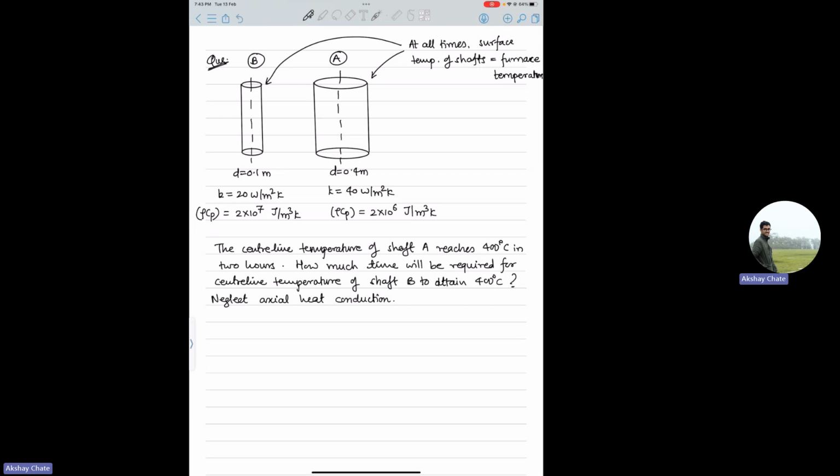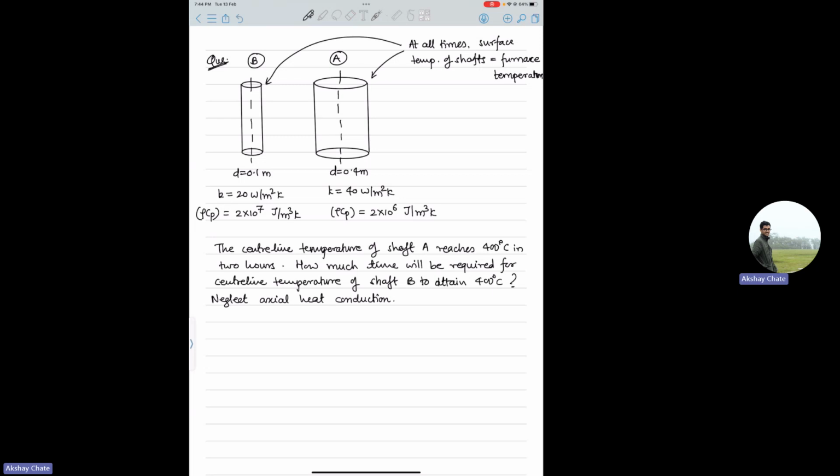So the shaft A, the thicker shaft, its center line reaches 400 degrees Celsius in 2 hours. So what about shaft B? When will its center line reach the temperature of 400 degrees Celsius?